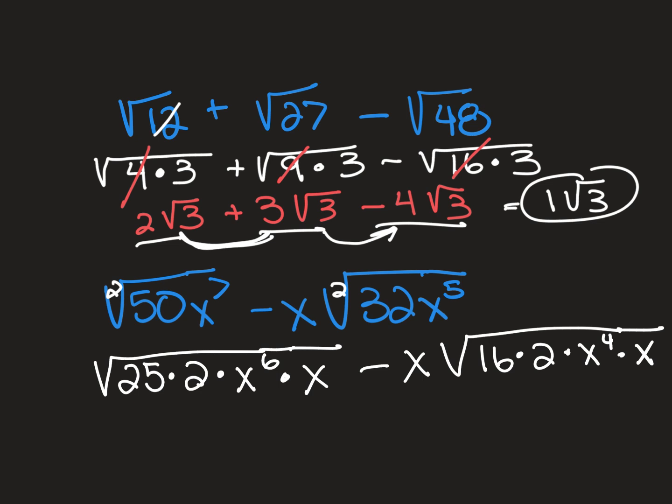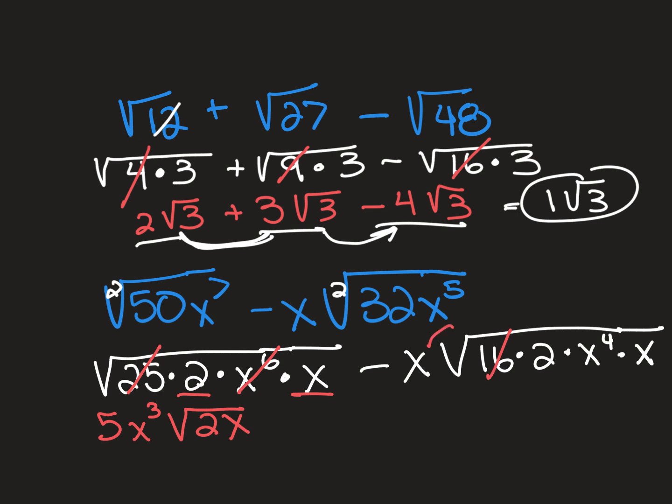Again, whenever you're taking the square root of the variables with the exponents, you always want that closest even number. So the square root of 25 is 5. The square root of x to the 6th is x cubed because you're literally just dividing by 2. And then what's left is the 2x. With this next one, the square root of 16 is 4.